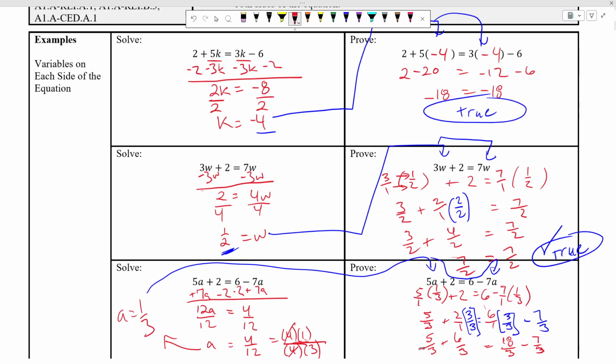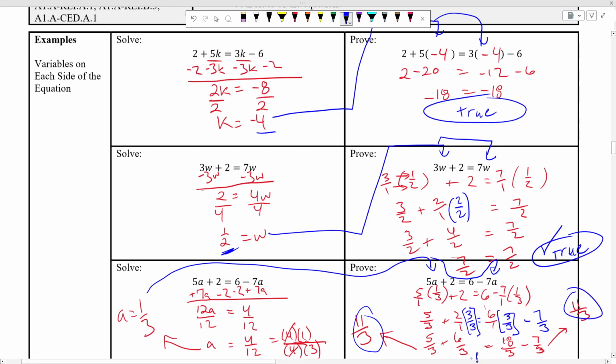That's great. Now, I'm going to put this over here for the time being. 5 plus 6 thirds equals 11 thirds, and 18 thirds minus 7 thirds happens to also be 11 thirds. Hey guys, these two things, this and this, they match.